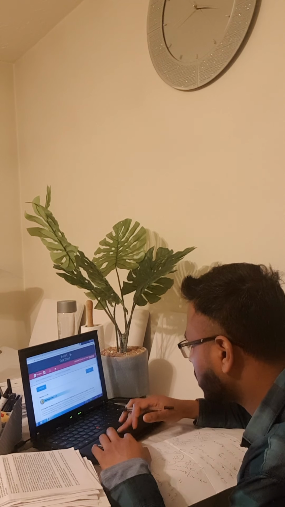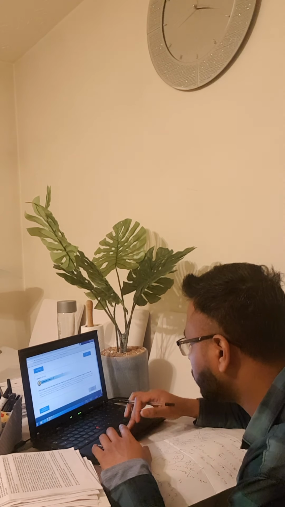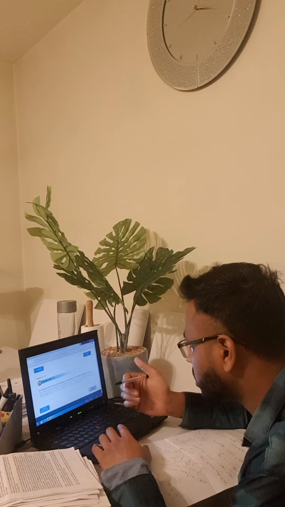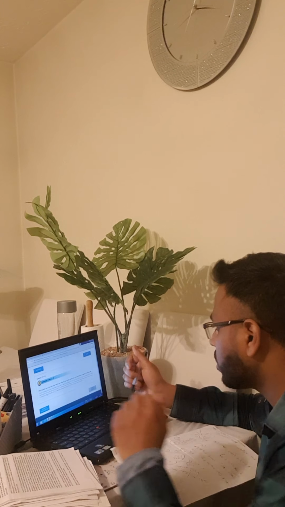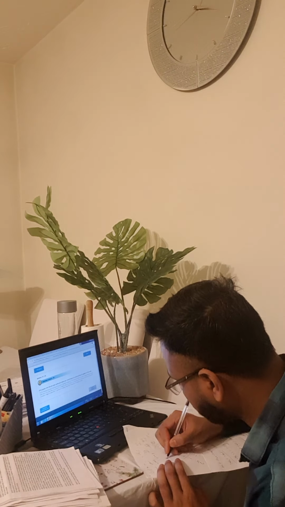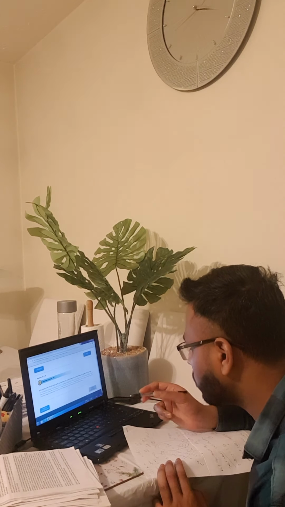Question number 21, they ask about the pH scale. So if you read the pH scale, it is a potential hydrogen scale, which depicts how acidic or alkaline something is. As we know, it runs 0 to 14, with 7 being neutral.